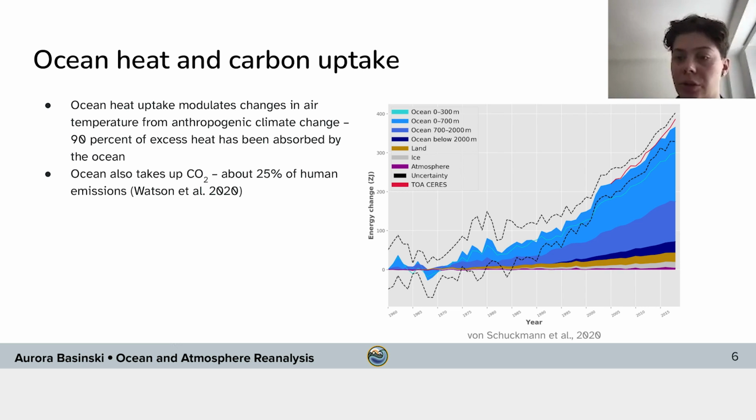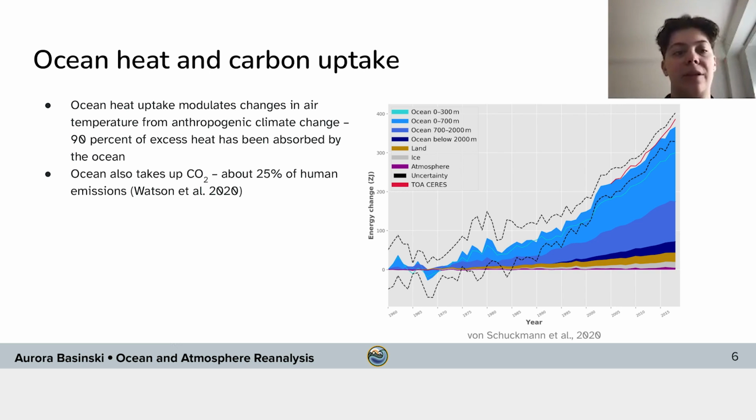The blue colors show the energy change of the ocean, and we can also see land in brown, ice in gray, and the atmosphere in purple. This demonstrates that 90% of the excess heat has gone into the ocean.